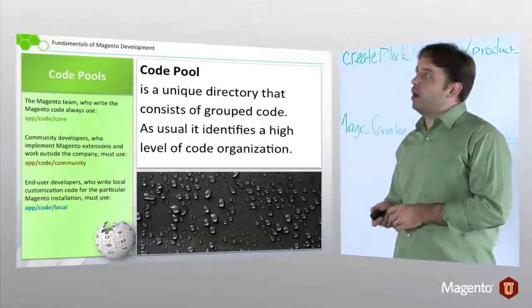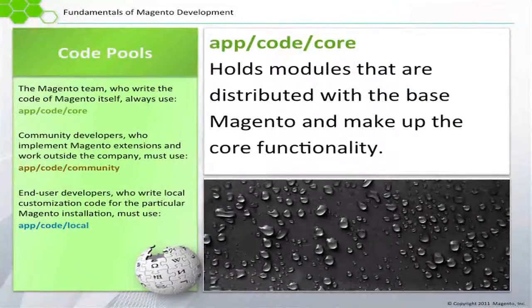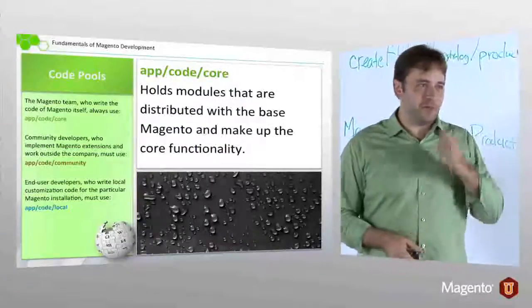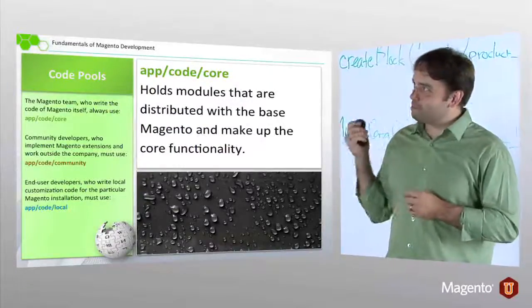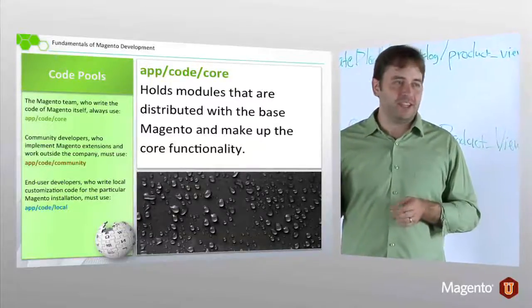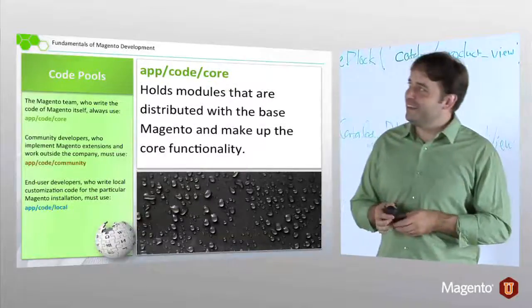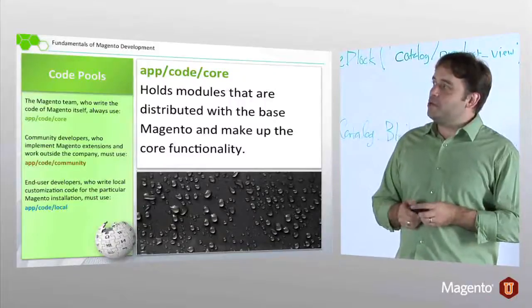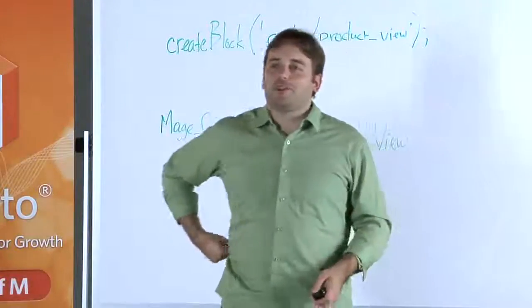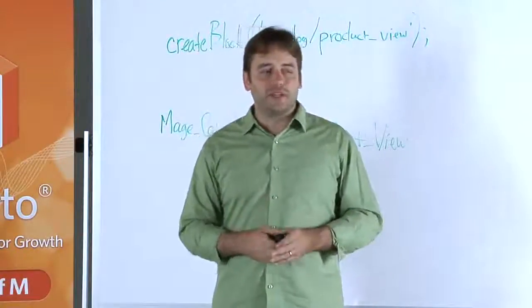So, app code core, you will never do anything in here, except in a couple of the examples that I have. The only time you're ever allowed to edit this code is when you're being taught Magento. So this is for the core team only, i.e. Magento employees. You may find yourself going in there to drop in a little die or a logging function or something, and that's okay.